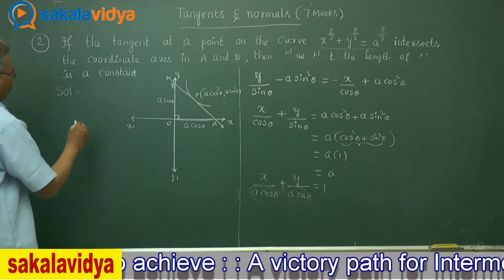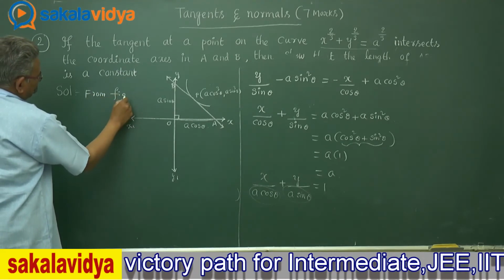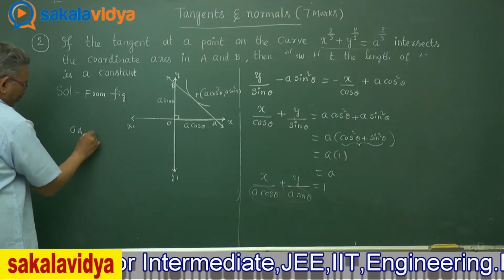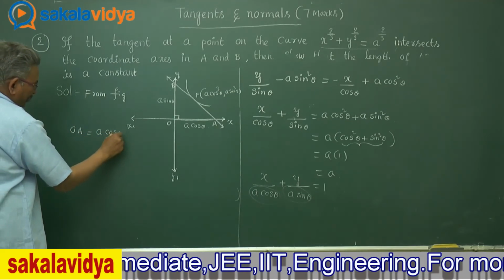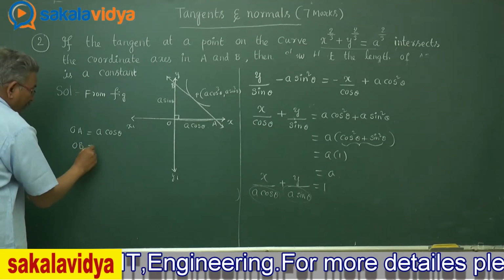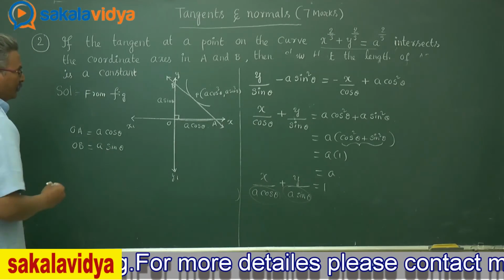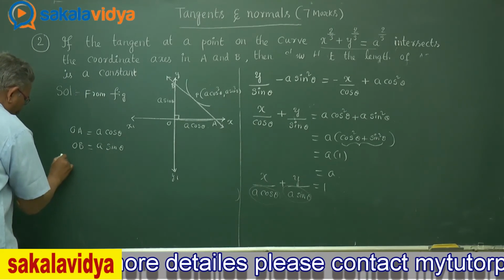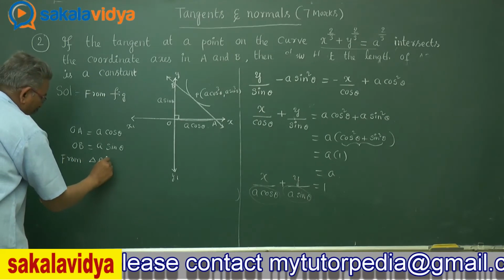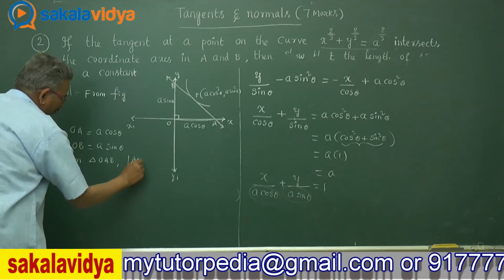So from the figure, OA is equal to a cos theta, nothing but the x-intercept. OB equals a sin theta. Now from triangle OAB, angle AOB is equal to 90 degrees.